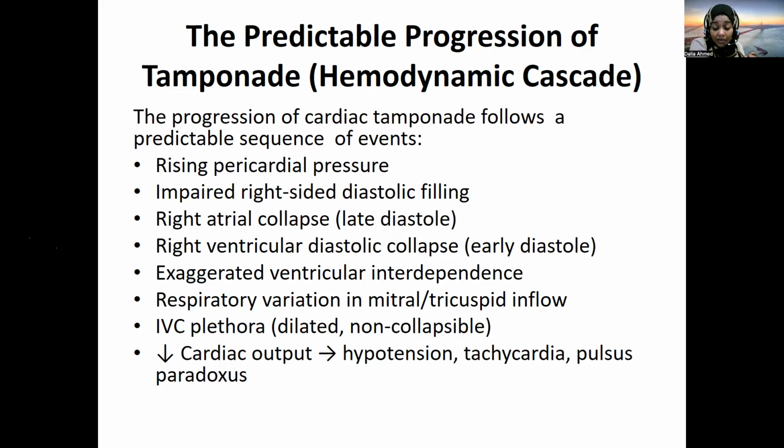So earlier, as we remember, we said that during inspiration, the intrathoracic pressure will be transmitted through the pericardium, and the pericardial pressure will reduce, allowing the chamber to increase inside the right ventricle.